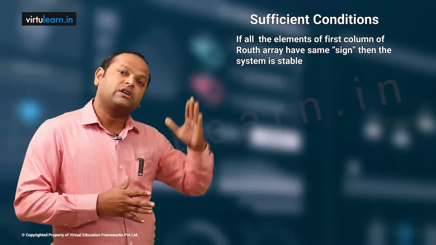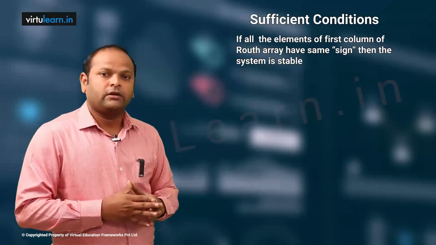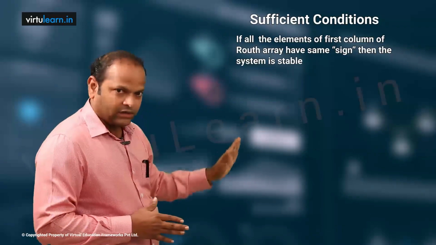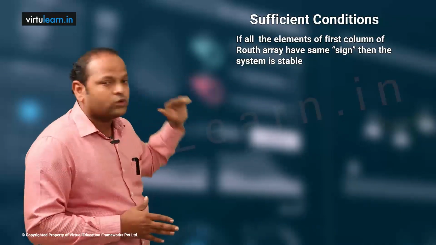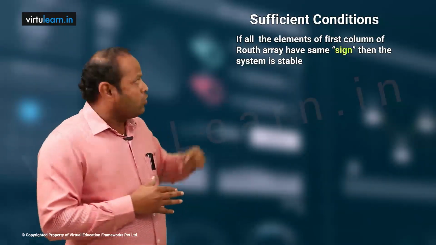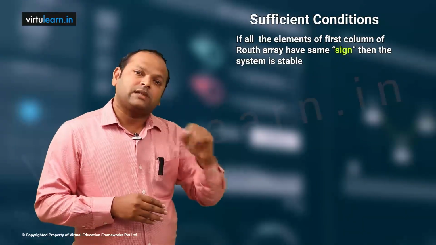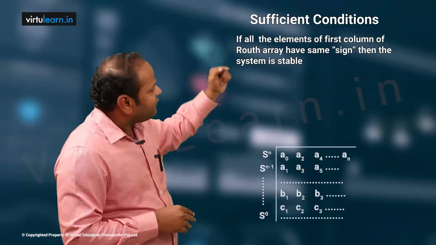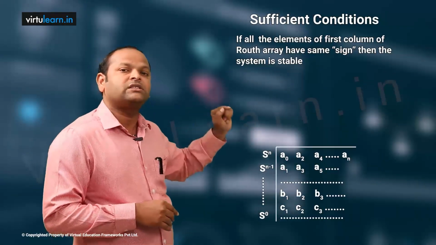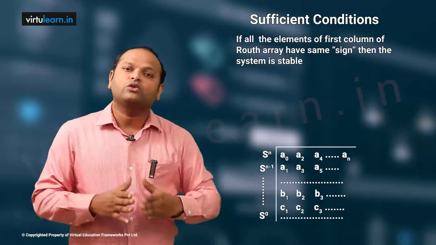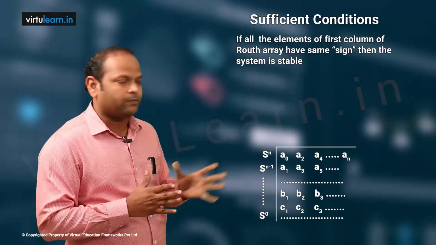I said the first column elements are important, right? The first elements of all the rows are important, and only the sign is important, not the value. If all the elements have the same sign, the system is stable. That means there are no sign changes in the first column.